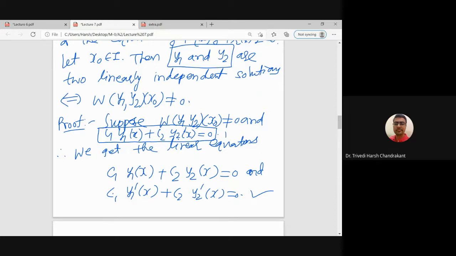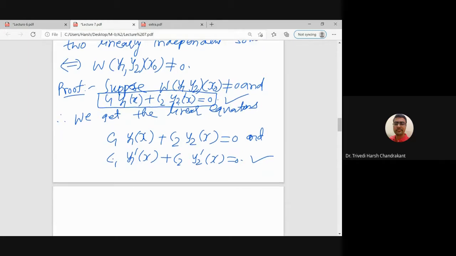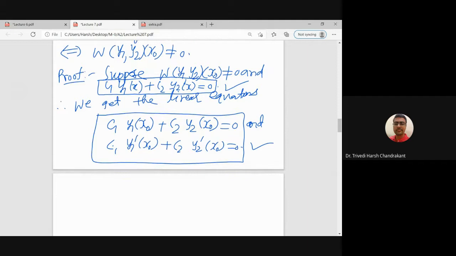We assume that the linear combination is 0. The goal is to show that c1 and c2 are 0. If we substitute x naught, these terms are fixed, so what is changing is c1 and c2.